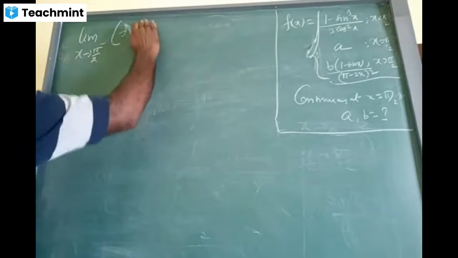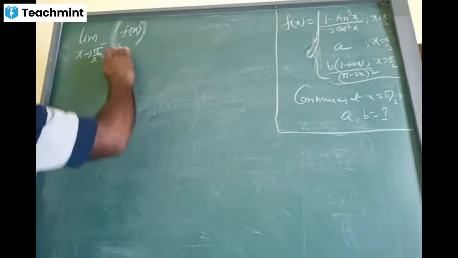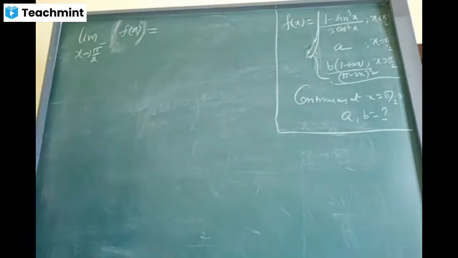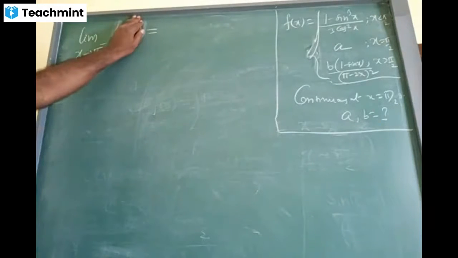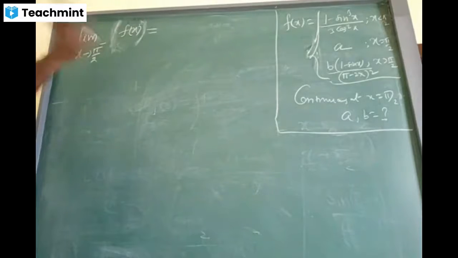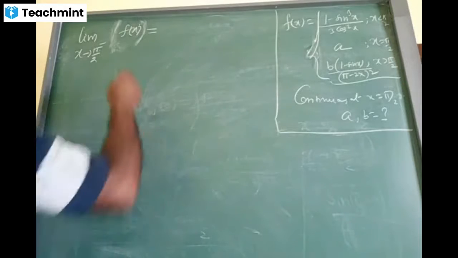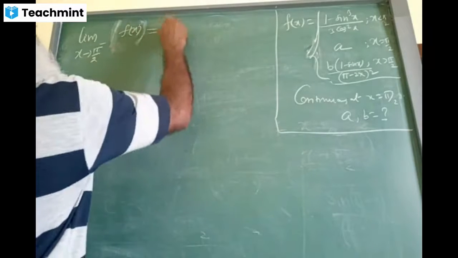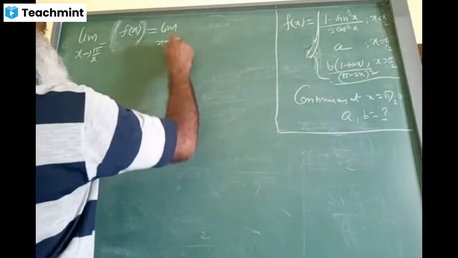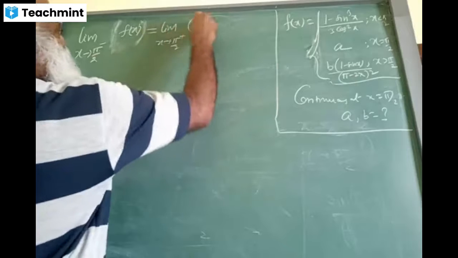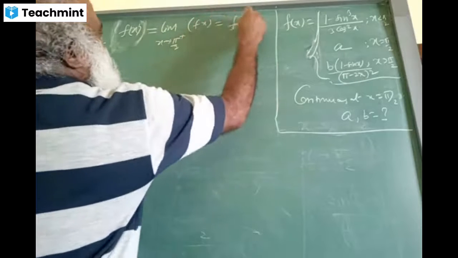We should write the function in the limit. Some of them are not writing the function; they are writing only limit x tends to pi by 2 minus. I made a note of it also. Please take care of that, dears. Then next is limit x tends to pi by 2 plus f of x, and f of pi by 2.